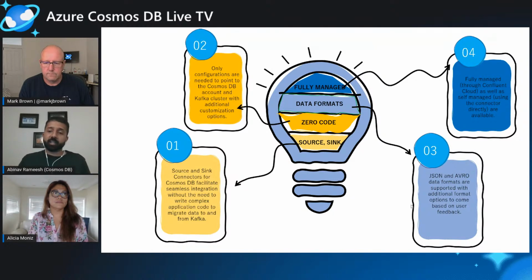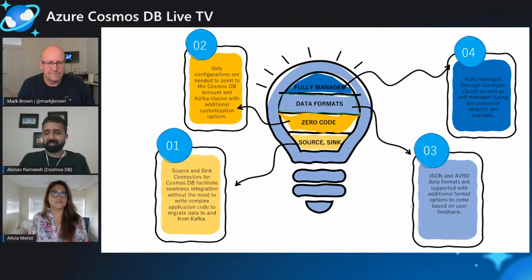Data formats today, we have JSON and Avro. We're still looking at whether, from a use case standpoint, there are additional formats that we'd want to support. There's obviously additional things that you get out of Kafka in general, things like protobuf, byte arrays. So there's more. But JSON we obviously need because Cosmos DB is all JSON.